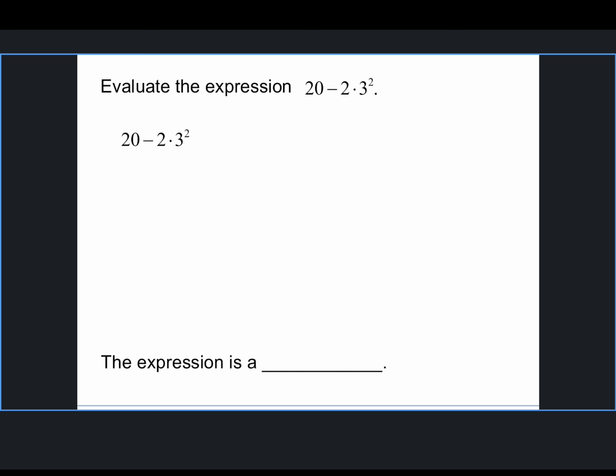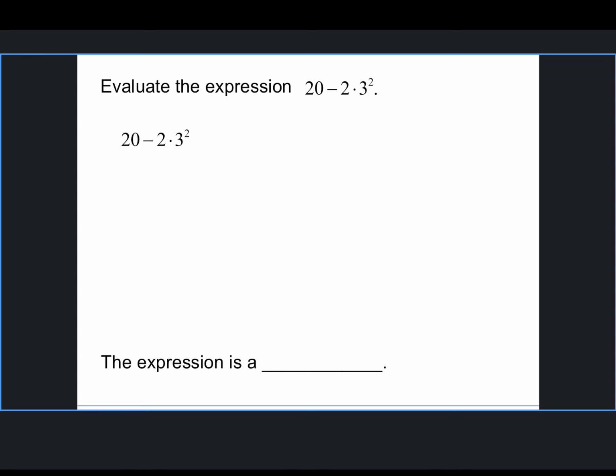So, this is the way I approach all of these problems. I start by asking myself questions. My first question is, are there any parentheses or grouping symbols?